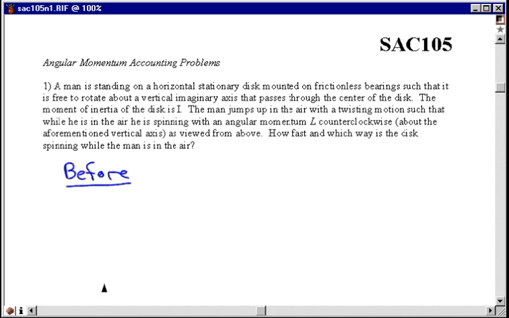To start with, we've just got a man standing on a disk. Nothing is spinning.